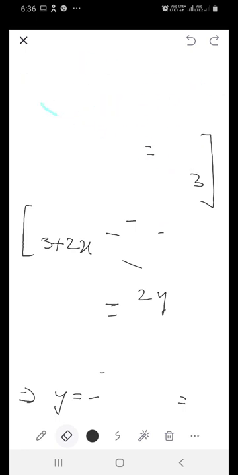Now I am going to take a question which is totally different from what we were doing till now. Before explaining that question, I want to tell you one rule regarding matrices. Suppose you have a matrix A of the order m by n, and you are multiplying with matrix B. The number of columns of matrix A is n.